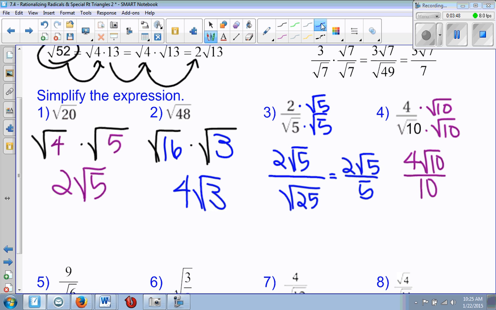Now remember, with radicals, you can always simplify what's inside the root with something else that's inside a root. You can simplify something that's outside of the root with something that's also outside of a root. So the 4 and the 10 can be simplified into 2 and 5. It reduces. So your final answer, 2 square root of 10 over 5.